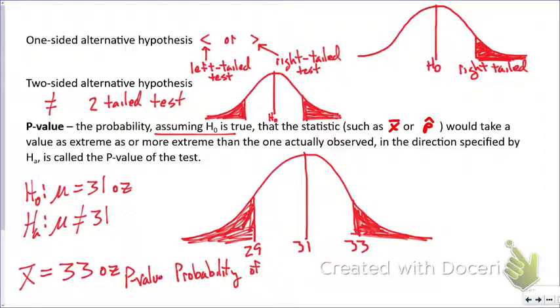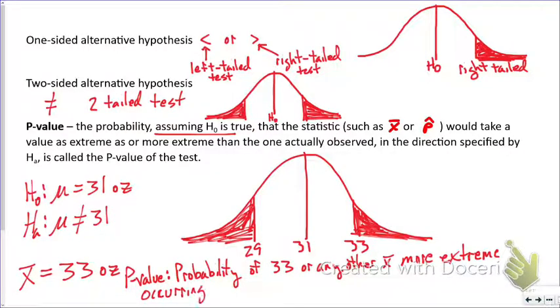P-value is the probability of 33 or any other x bar more extreme occurring, assuming the null is true.